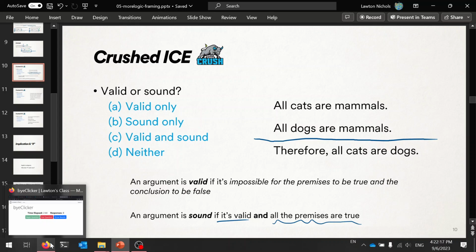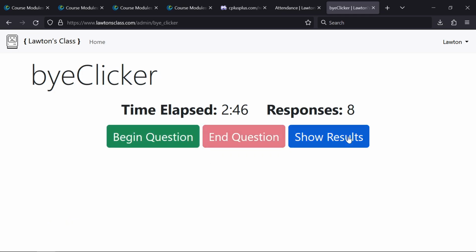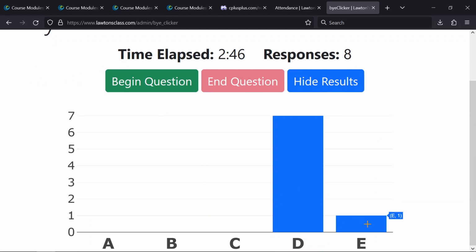All right. Let's take a look. Let's see what we're thinking. Ooh. One of us thinks E. So maybe none of the above. I don't know. But we are all agreeing that it was D, so nice.